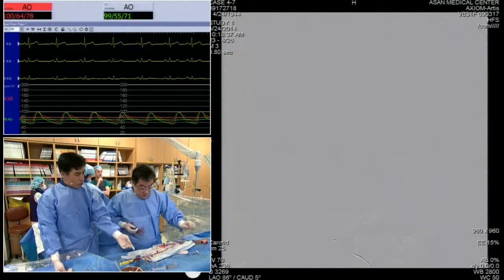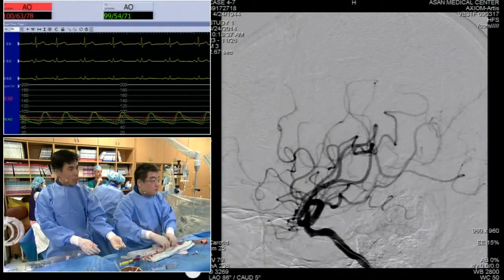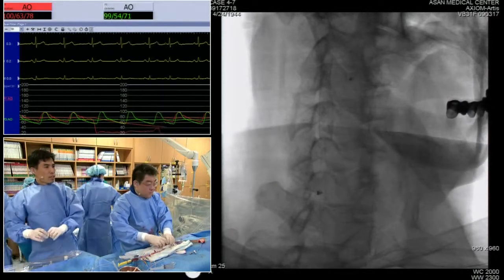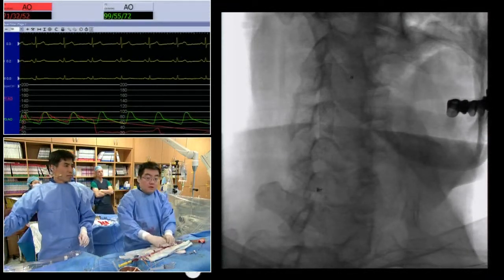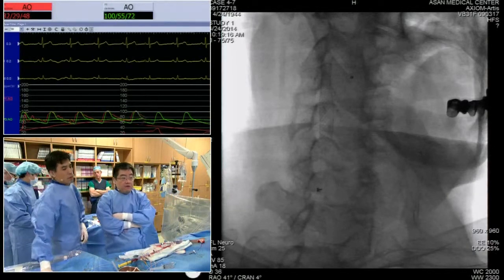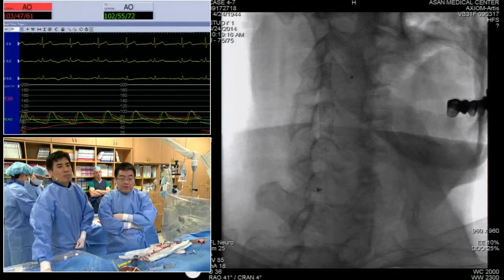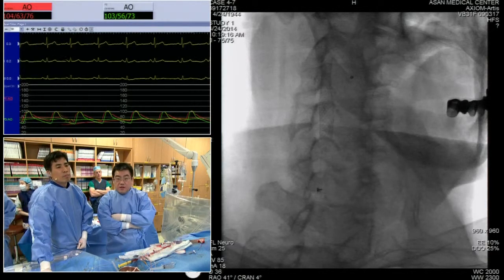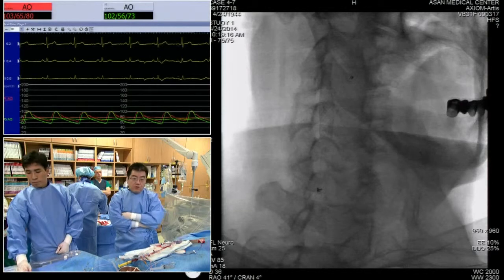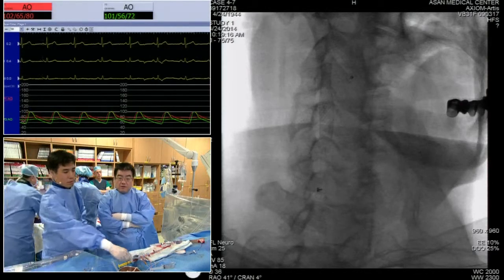Can I take the wire? Just in case you find out that there is this embolization, what do you prefer, medical treatment or direct neuro intervention? Usually we will give a very local and focal application of drugs, such as an additional bolus of heparin. We can also try to wire across.